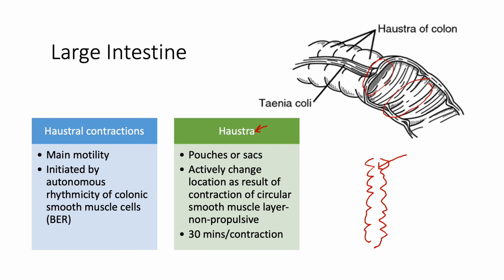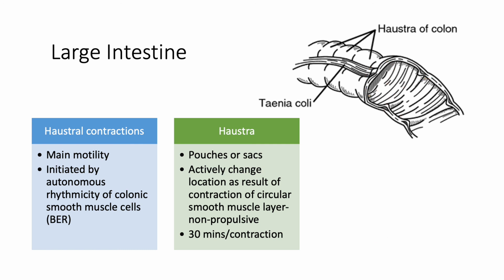And when they contract, they'll form a little pouch in between, or haustra. And those contractions will shift every 30 minutes or so and give rise to new haustra in new locations, new sacs or pouches. And these are not propulsive contractions. They kind of shuffle the material back and forth to expose it to the mucosal layer to increase absorption.